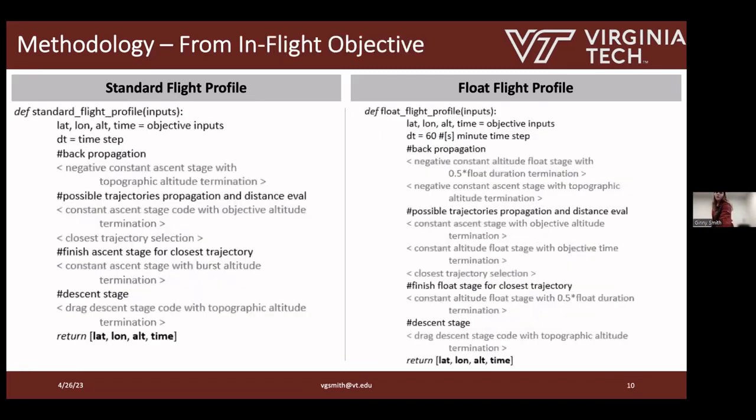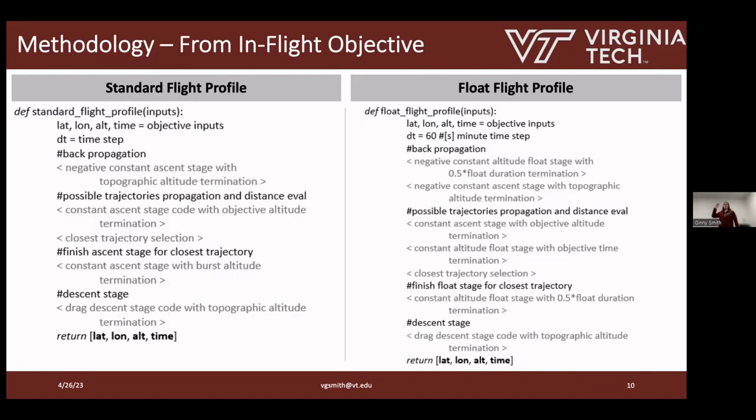So what's new and exciting with this work is working from an in-flight objective. This in-flight objective trajectory generation starts from the objective that is defined. It's usually a point during your flight, and you can do it for both the standard profile and the float profile.